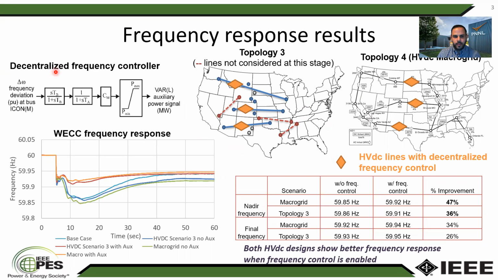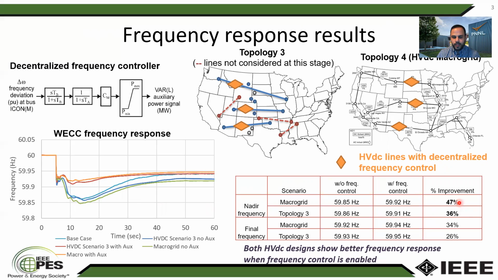The frequency controller basically measures the frequency deviation and adjusts the power dispatch or the power commitment level based on this frequency deviation with a certain gain. Looking at the frequency results, we compared the base case with the HVDC topologies without the frequency controller and the topologies with the frequency controller, and we see the orange and the red ones are the ones with the frequency controller, and we see how the frequency control can actually bring significant improvements, especially to the frequency nadir of the system.